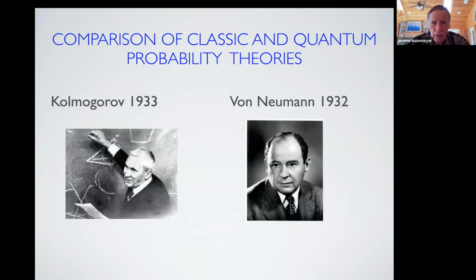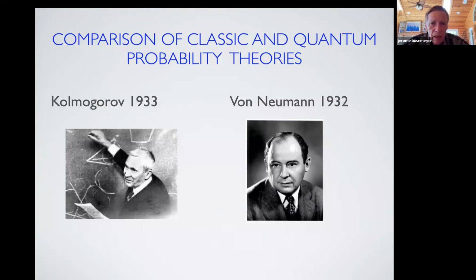Now let's compare the probability theories, quantum and classical. Classical probability theory was developed by Laplace and Pascal even earlier, in the 1800s or 1700s, but it wasn't really axiomatized until 1933 by Kolmogorov.